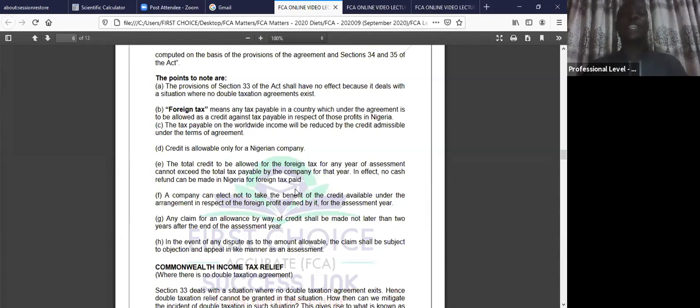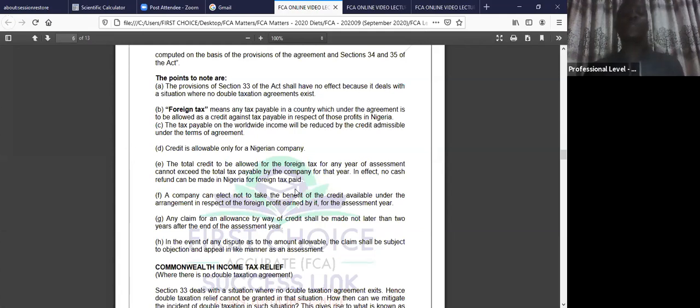If there is a double taxation agreement stated in the question, just underline it and say, yes, there is a double taxation agreement. Why is that important? It will save you a lot of time. If there is no double taxation agreement stated explicitly in the question, then assume there is no double taxation agreement.